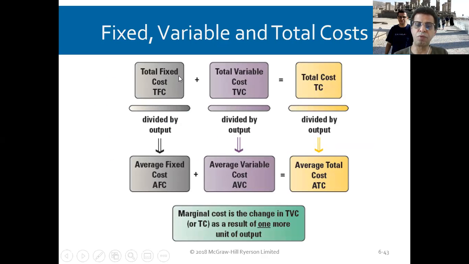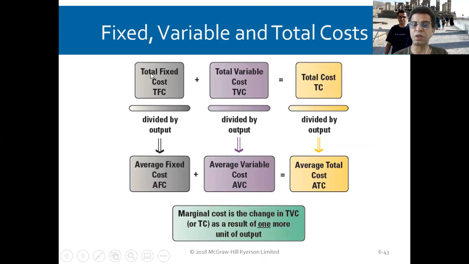For example, if you have the total fixed cost, TFC, divided by the total output, you have what you call the average fixed cost. Plus the total variable cost divided by the output, which gives you the average variable cost.